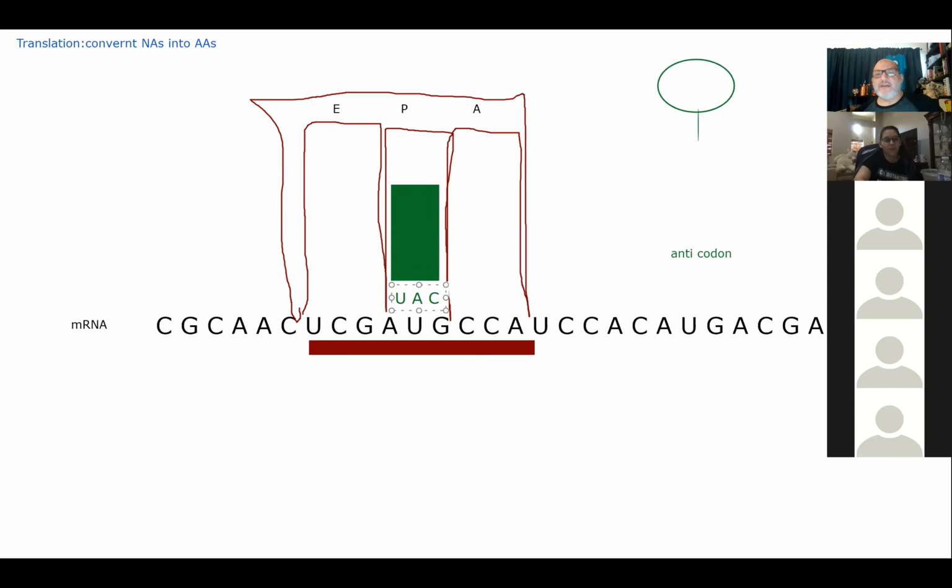Perfect. And which amino acid is it going to bring in with it? Methionine. Methionine, absolutely. What was the green in the middle of the block? Was it a protein? No, remember the transfer RNA.